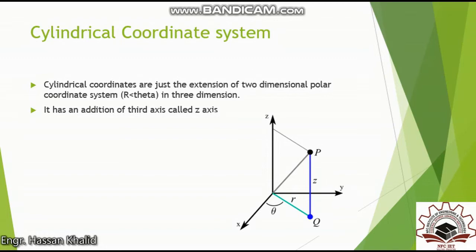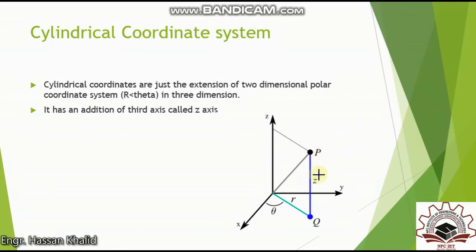Suppose that we need to track a certain point that is located at point P, and it is away from the origin. What we need is the set of information regarding 3 variables.